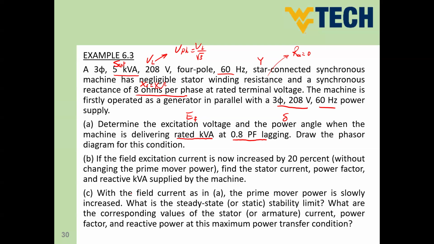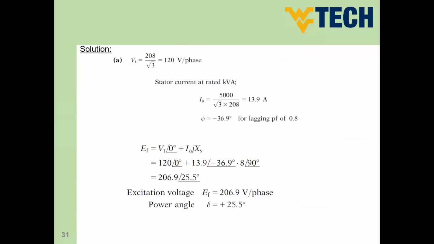Let's solve part A and then come back to see what is the remainder of this problem. Seriously, guys, you have to know that in order to calculate EF and angle delta, you have to have a loading condition. Loading condition means S and power factor, IA and power factor, or P and power factor.